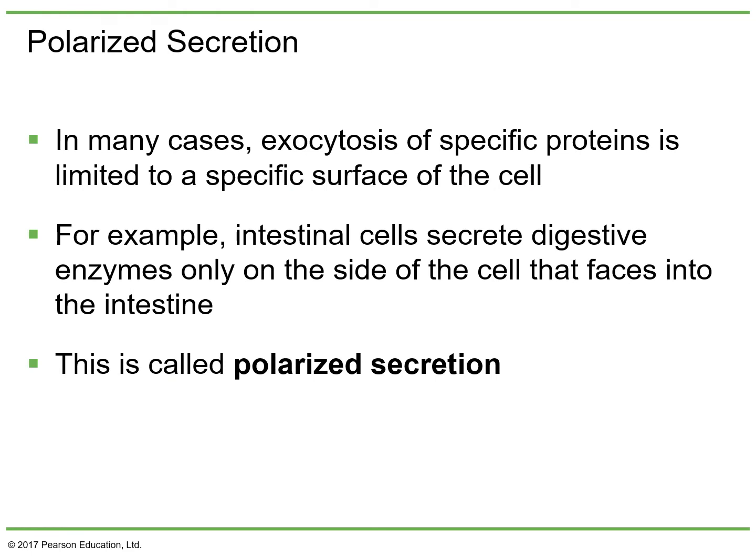In many cases, exocytosis of specific proteins is limited to a specific surface of the cell. For example, the secretory cells that line your intestine release digestive enzymes only on the side of the cell that faces the interior of the intestine. This is what you call polarized secretion.